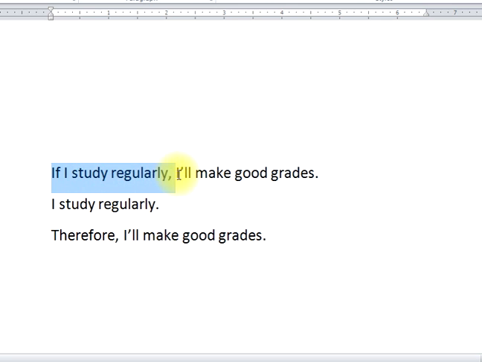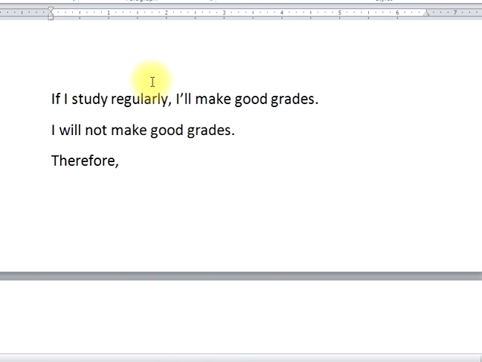Because built into the major premise here is the assumption that if I study regularly, I will make good grades. That has to follow. So this is valid, right? But if I overestimate my ability to retain information and to study well, I may study regularly all I want, and I still won't get good grades. So this has to be uttered from a person who knows that if x, then y.